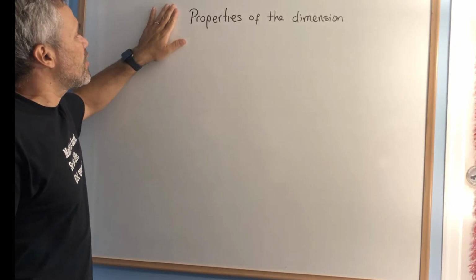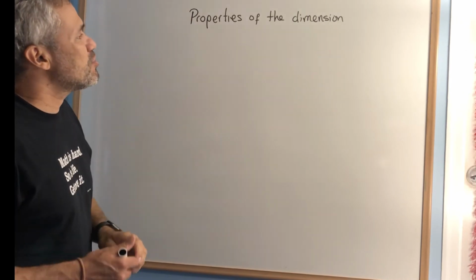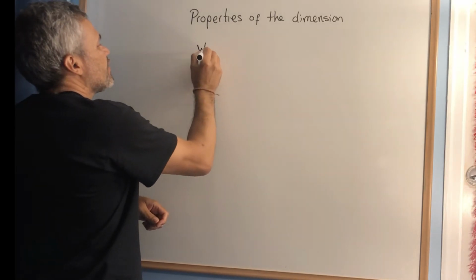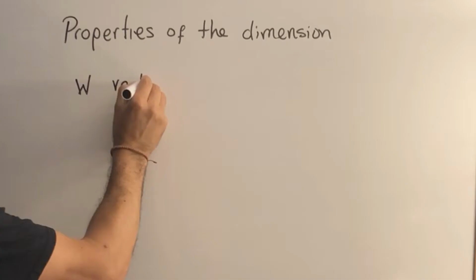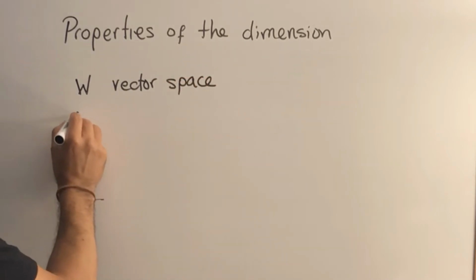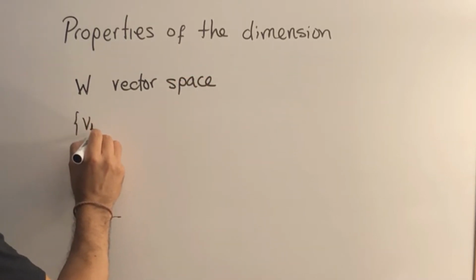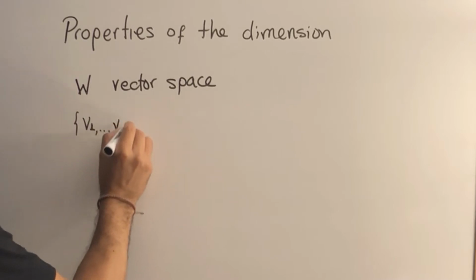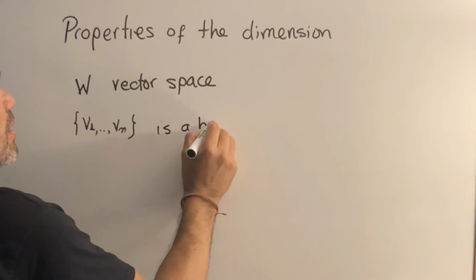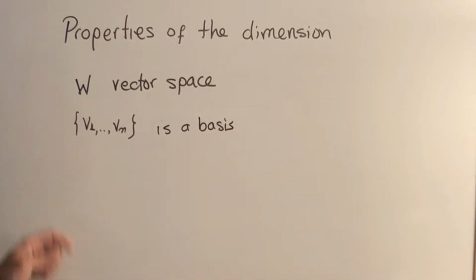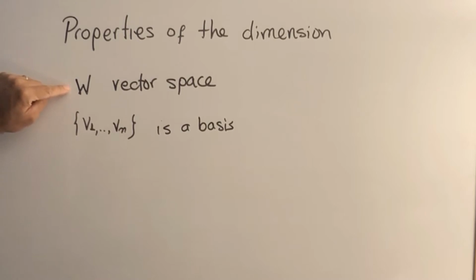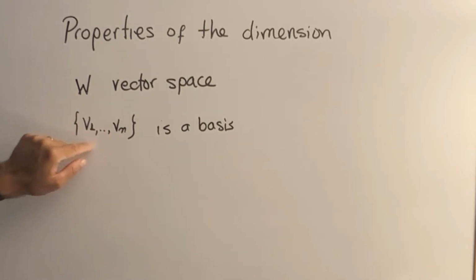In this video, we will mention some of the properties of the dimension of a vector space. We already have shown that if we have a vector space W and we know that B1 up to Bn is a basis, that means that these vectors are linearly independent and every vector in W can be written as a linear combination of these.